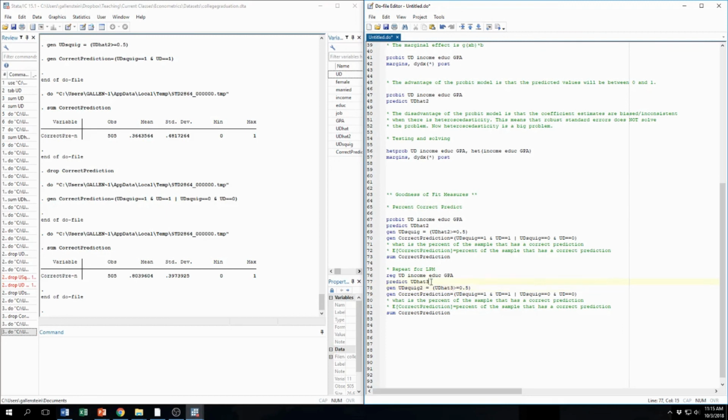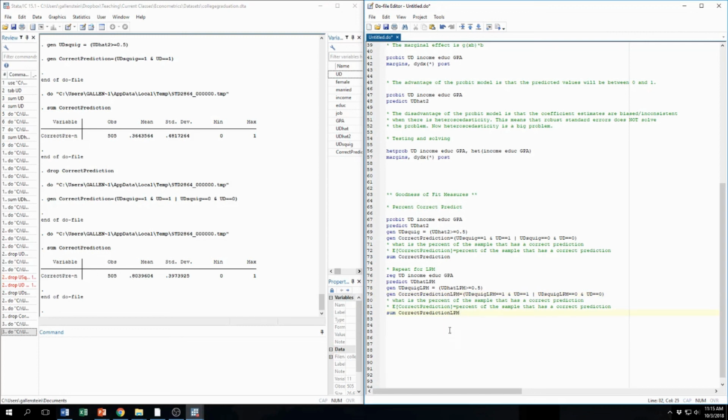Actually, I'm going to change this to LPM. There we go. Correct prediction, LPM. All right, so now we're comparing with 80%.